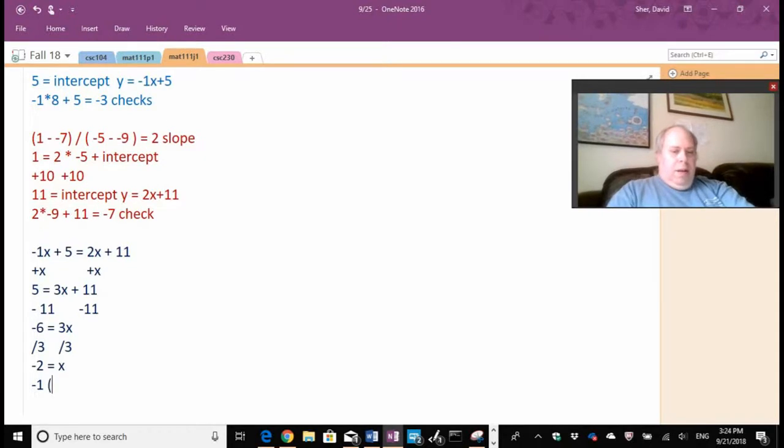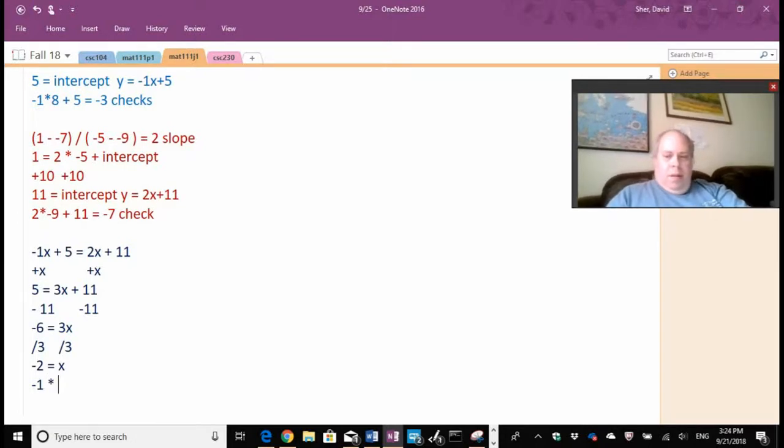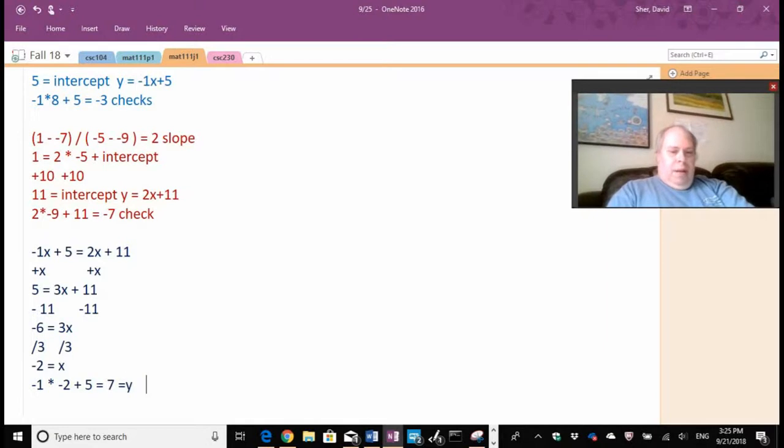So, negative 1 times minus 2 plus 5 and it's equal to 7. And so that's y. So my point is -2, 7.